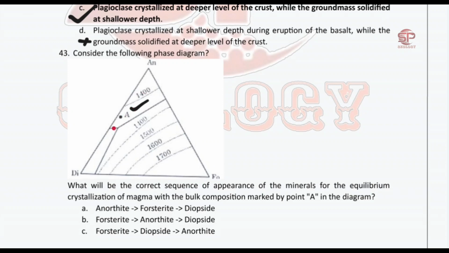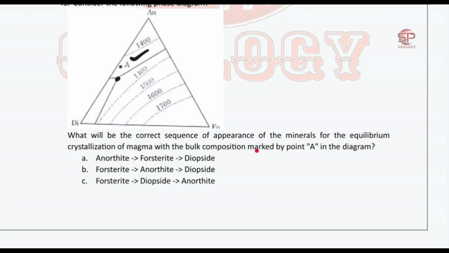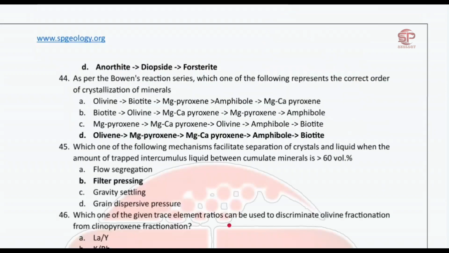Then it will encounter the diopside-anorthite eutectic line. Then along with anorthite it will start to crystallize diopside. Then they will move towards the cotectic point where along with anorthite and diopside, forsterite will crystallize. So first anorthite, then diopside, then forsterite. So it will be D.